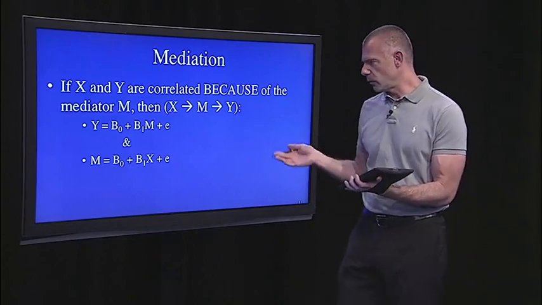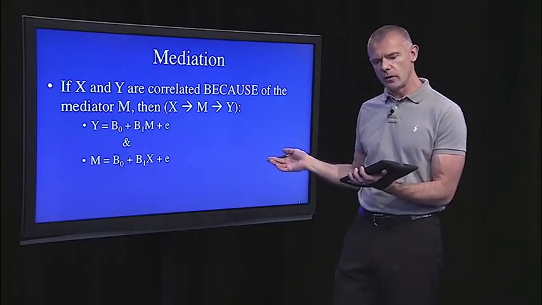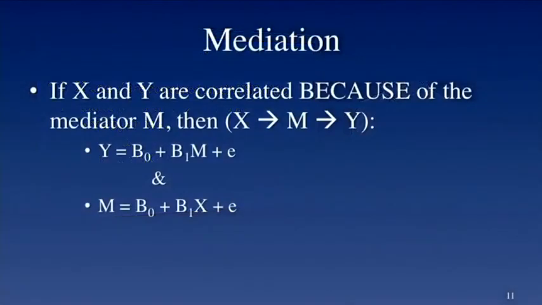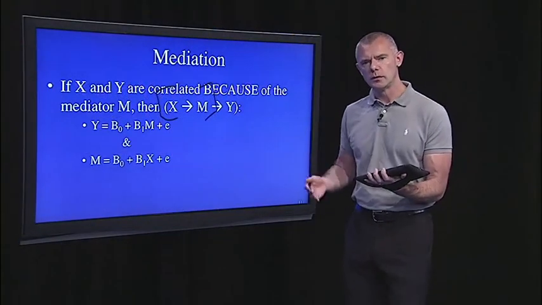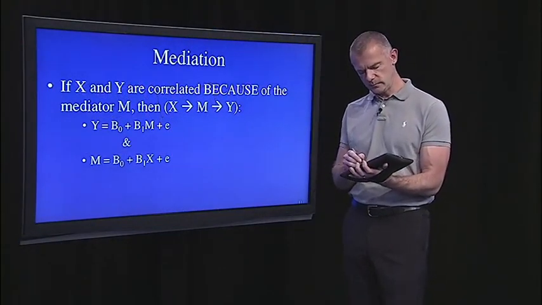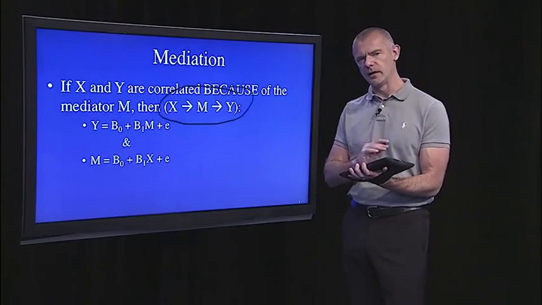And secondly, we can predict the mediator variable from X. So with the first regression equation, I'm just picking off this piece, saying we can predict Y from the mediator. And with the second regression equation, I'm picking off this piece, showing we can predict the mediator from X.